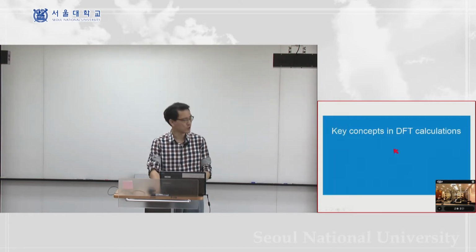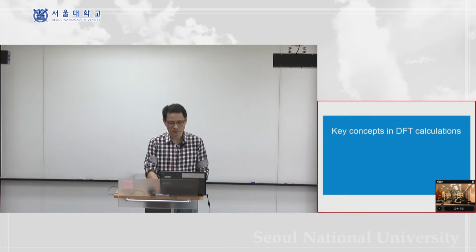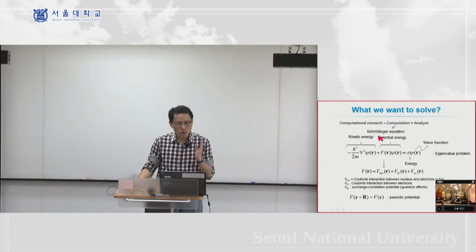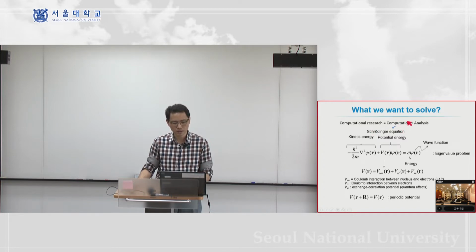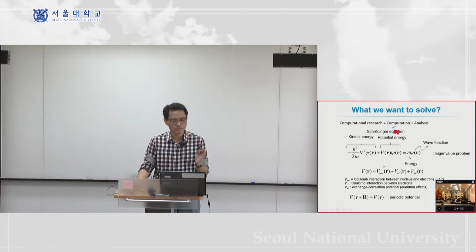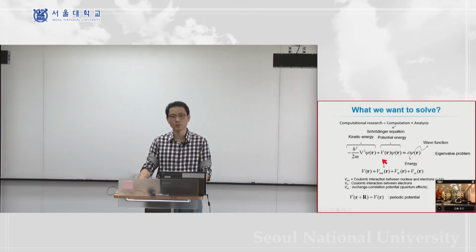The title of this theory session is the key concepts in DFT calculations. Basically, in this type of research we are doing two things. One is the computation, and the other is analyzing the results. Computation means that we are going to solve some equations that are basically close to the Schrödinger equation, which has two parts, kinetic energy and potential energy.